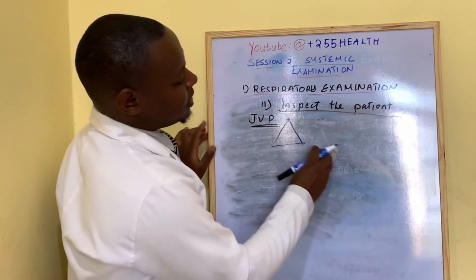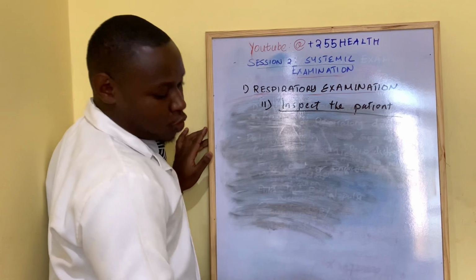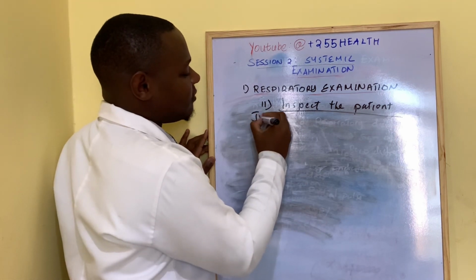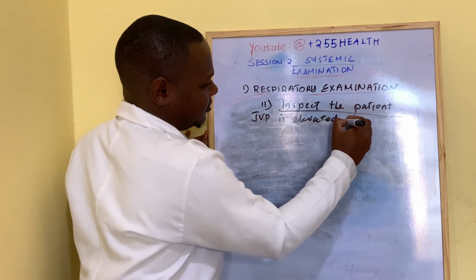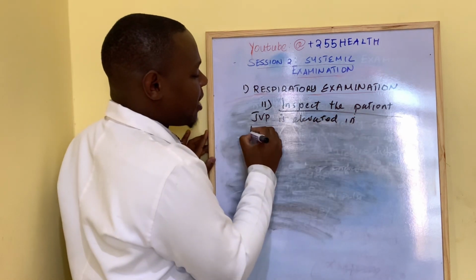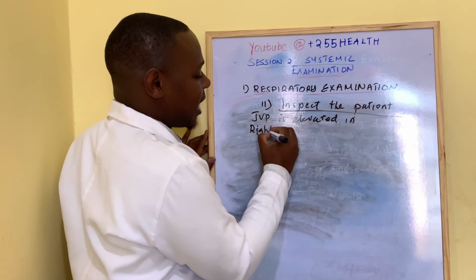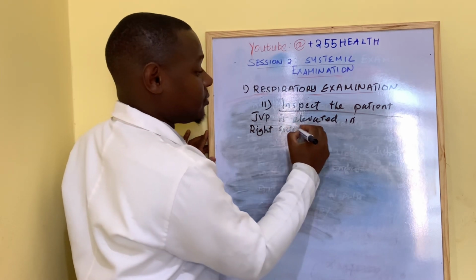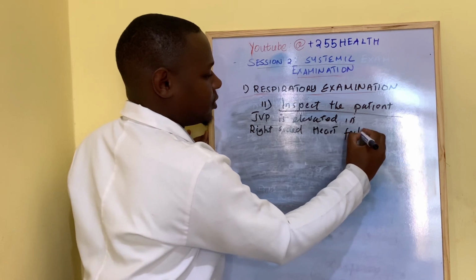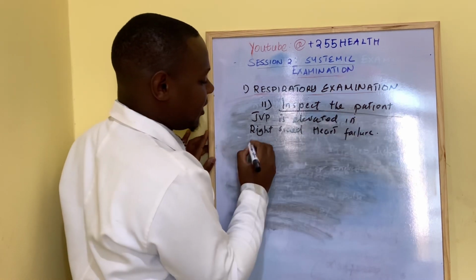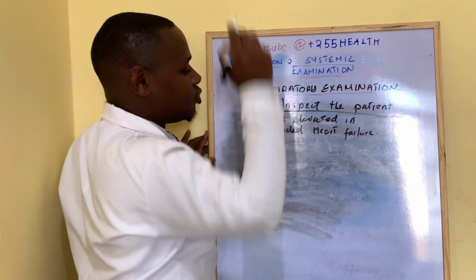So the JVP is elevated in the following conditions. A. You can have right ventricular or some right-sided heart failure. So you find the JVP is really elevated, the area of maximum pulsation is really high.